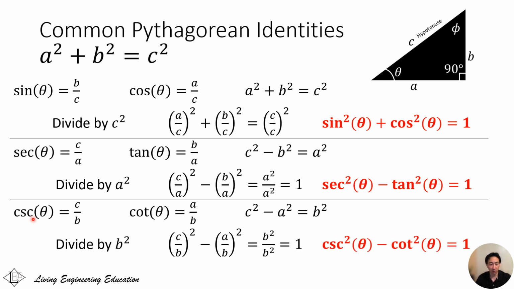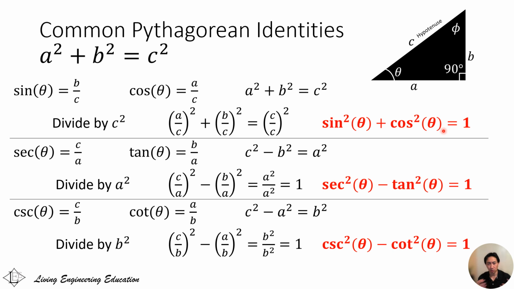And then for my third identity, I have a definition for cosecant, which is just 1 over sine, and cotangent, just 1 over tangent. Then we rewrite the Pythagorean theorem as c squared minus a squared equals b squared and do basically the same thing to get the relationship cosecant squared minus cotangent squared equals 1. To be honest, I don't really use these two forms. I usually use sine squared plus cosine squared equals 1.